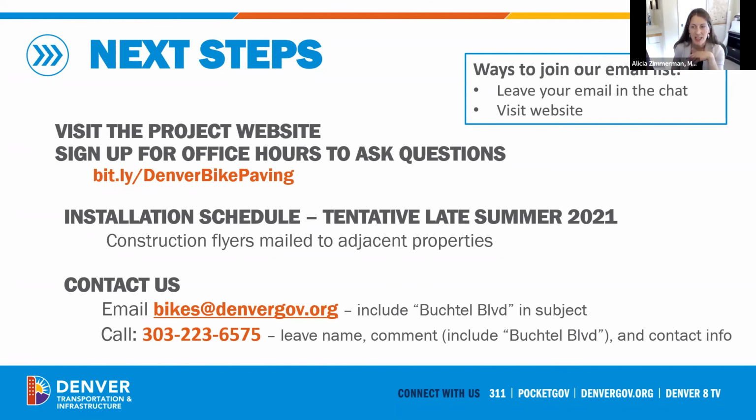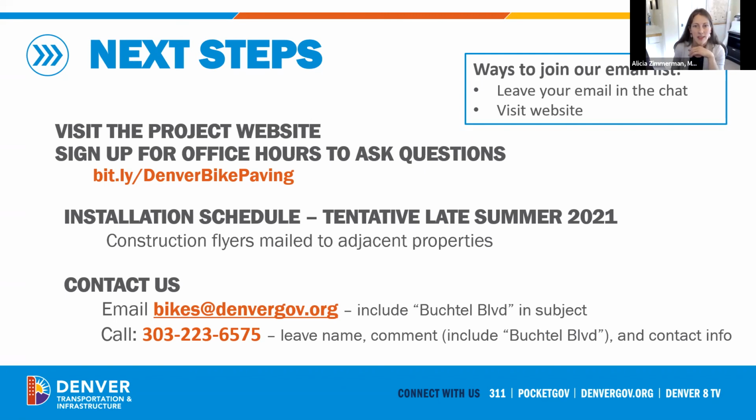For those on the phone, it's bit.ly/Denver Bike Paving. You can see project information there, see next steps, or sign up for a few more office hours. Contact us if you really have a one-on-one need and don't see some that work.